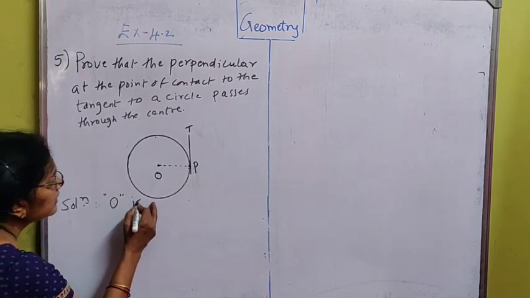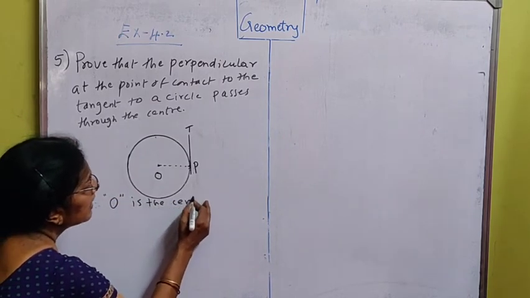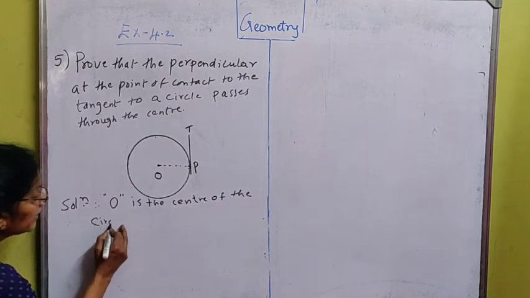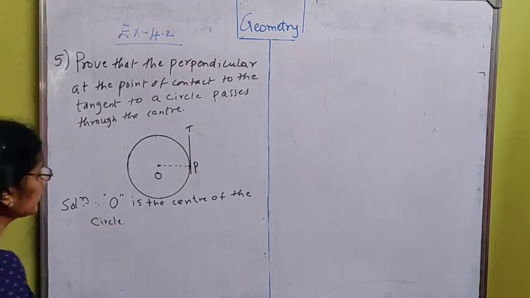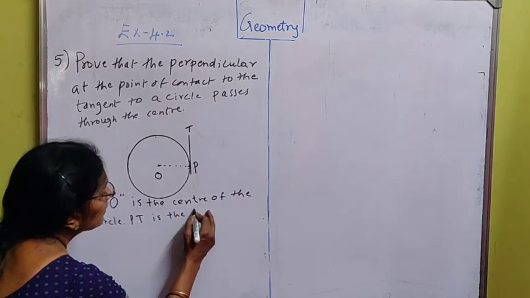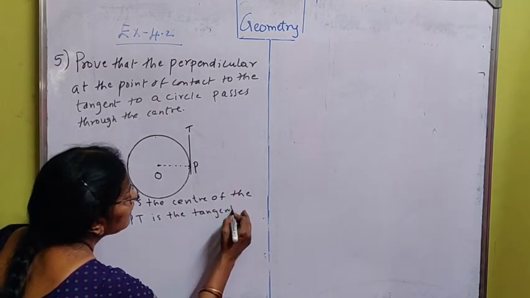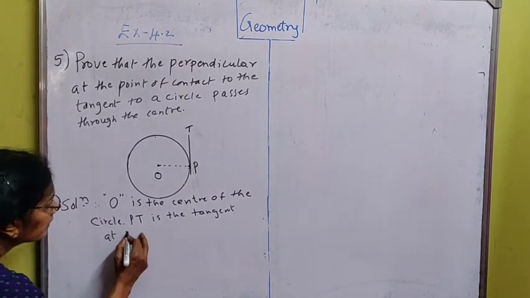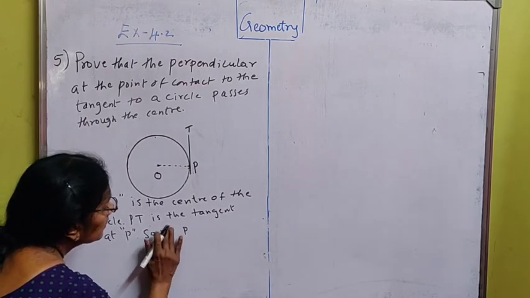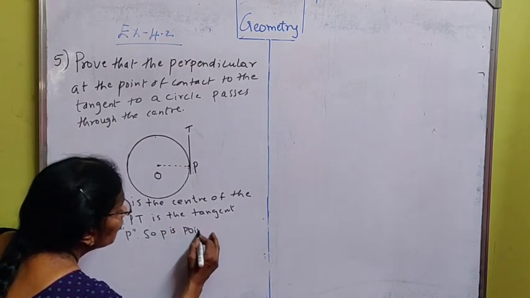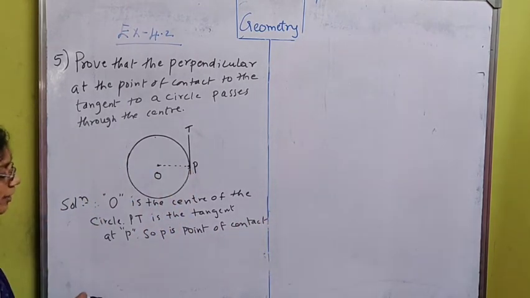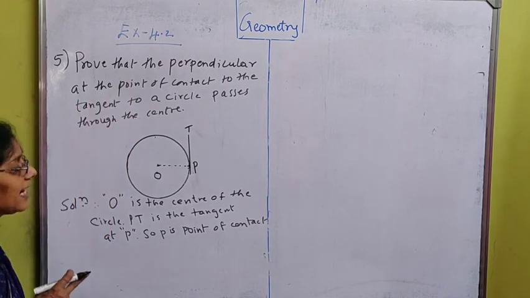O is the center of the circle. Very easy solution. PT is the tangent at P. So P is the point of contact. From that, PT is the tangent.